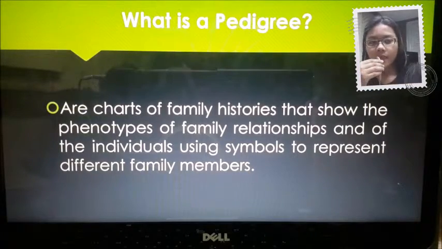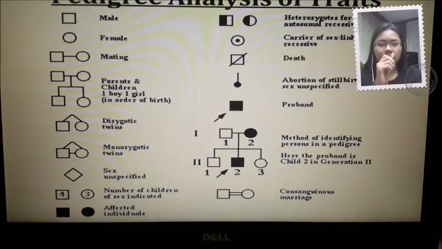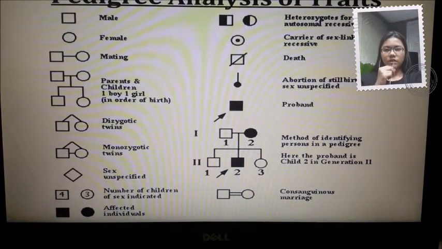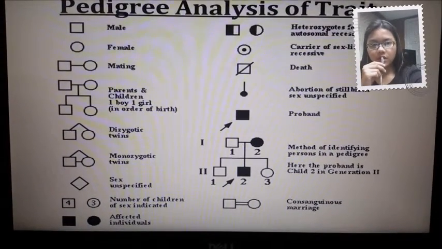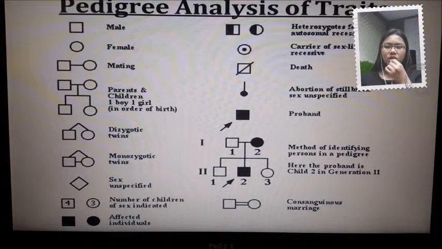So the next slide is the legends used in pedigree analysis. The first thing here is the legend for male. The legend for the male is a box, a white box.